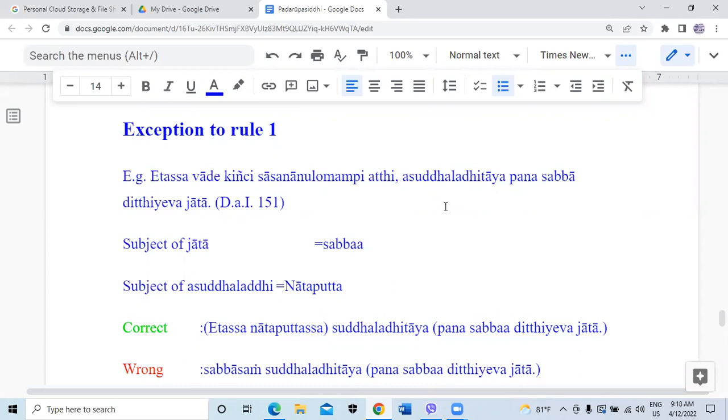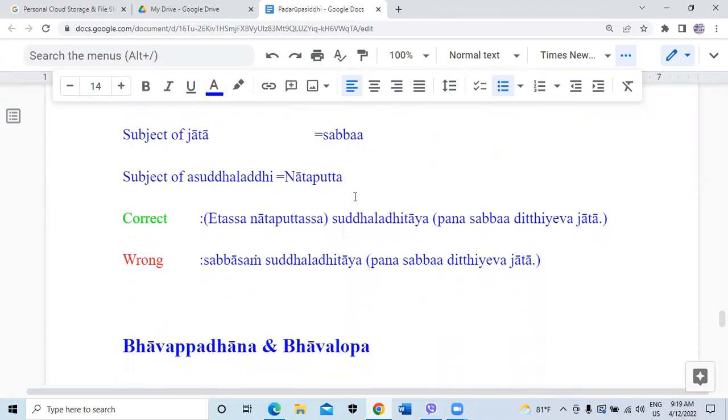That's why if we change Sabha into Sabhasan or Sabhasan Ditina, it's wrong. It's wrong, because it already refers to Nanda Buddha. Okay, like this. That's why here, correct, wrong.